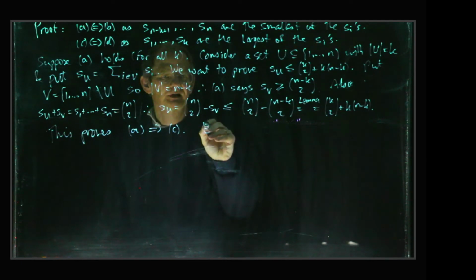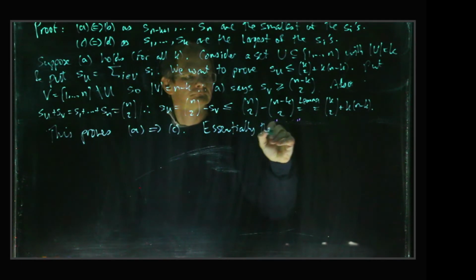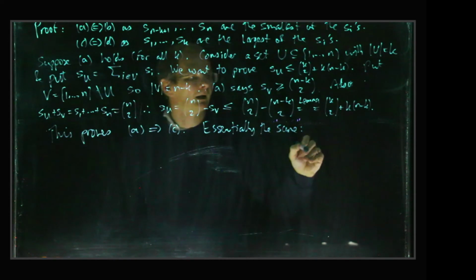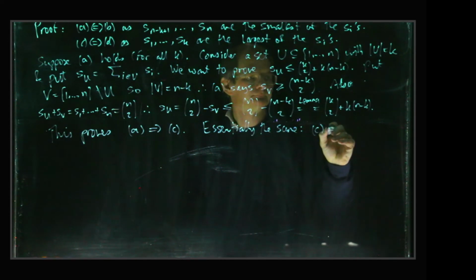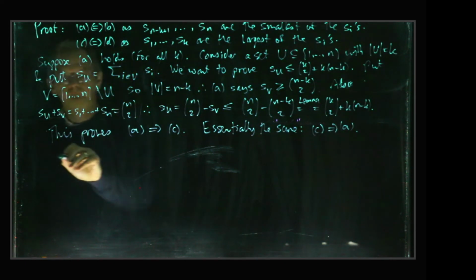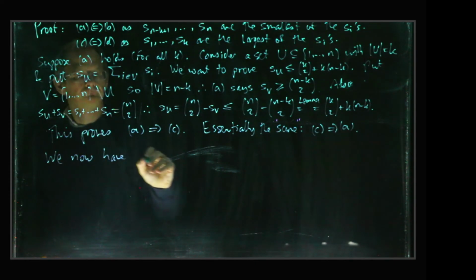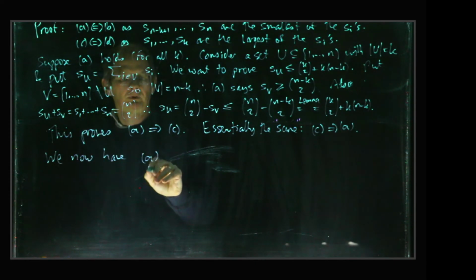And then essentially the same argument shows that C implies A. So we proved that A and B were equivalent.